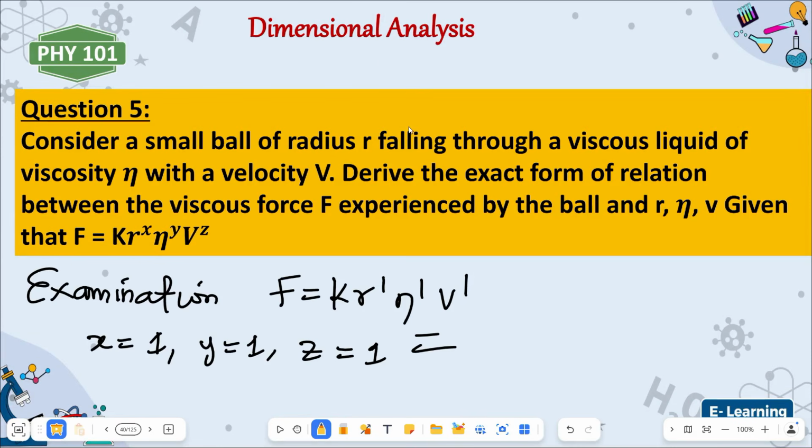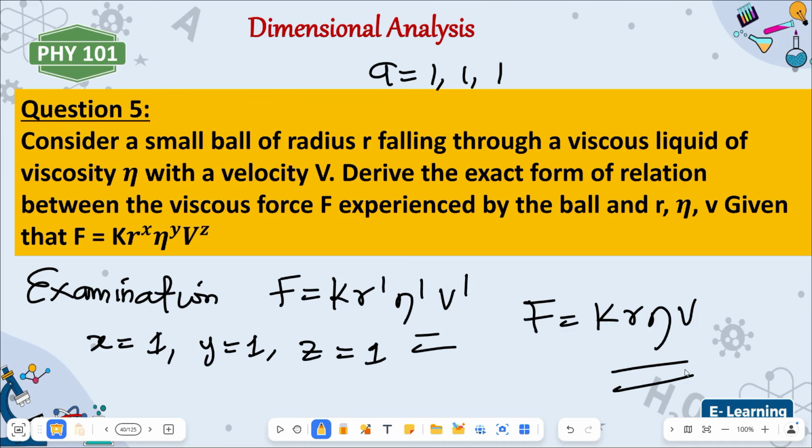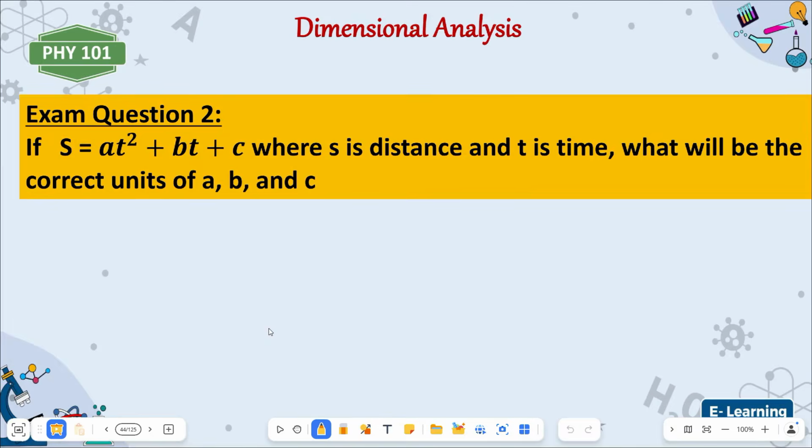You see an option that carries 1, 1, 1, because they may ask you to find the value of X, Y, and Z, or they may just tell you to find the relationship. They say find the relationship. F will be equal to what? K r, coefficient of viscosity multiplied by velocity. This will be the relationship. Whether they say find X, Y, and Z, the values are 1, 1, and 1. All right? It's a very lengthy something, but it's not that lengthy. But I don't think I will want to go through that now.